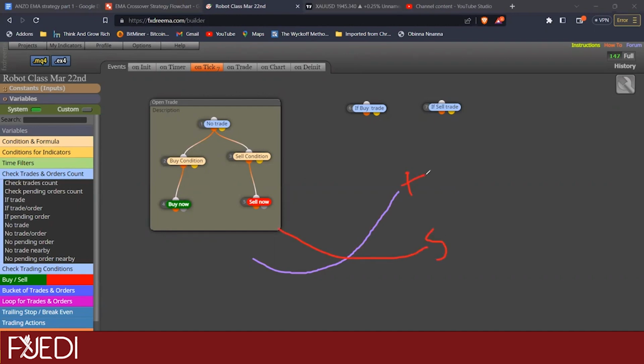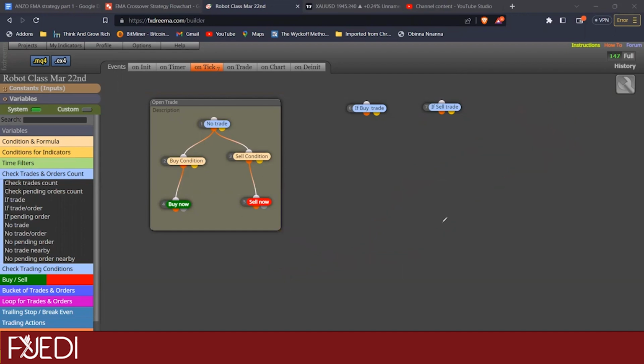So we look to buy when the fast crosses above the slow. That means we want to close the buy when the fast crosses below the slow. So this slow is moving like this, and this fast is moving like this. The point where the fast now goes below the slow, we want to close our previously open buy position. So let's figure out how to do that.